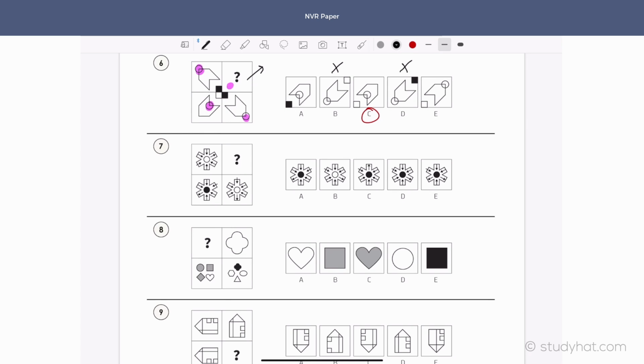Number 7. So we're going to go round this way, okay, and see what's happened. Can you see here, this arrow is slightly outside. And here, this arrow is outside, and here, this arrow is outside. So it must mean that as it's been rotating round, the arrow that was outside here is in this position. So let's get rid of the ones where that is not the case, just one. Then the circle on the inside has been changing from white to black to white to black.